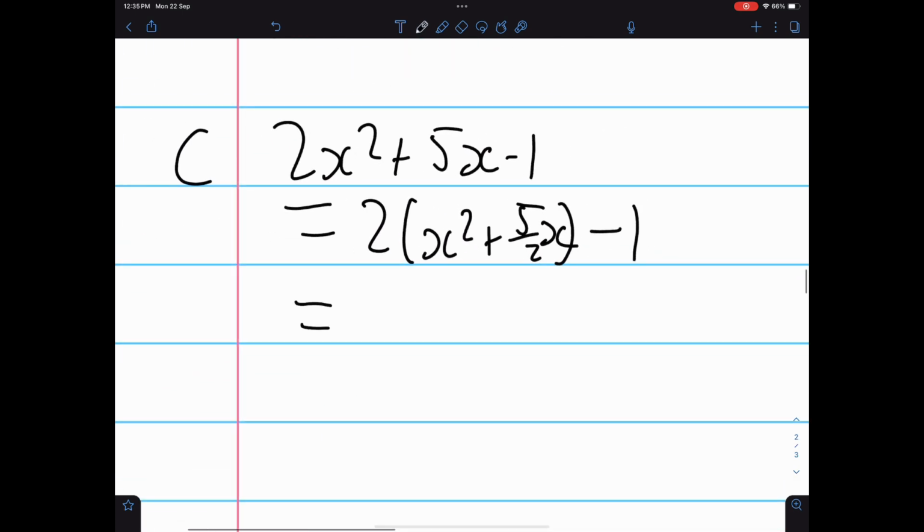Now, here's a helpful thing. If you're worrying about how to halve things, you can always just double the denominator.